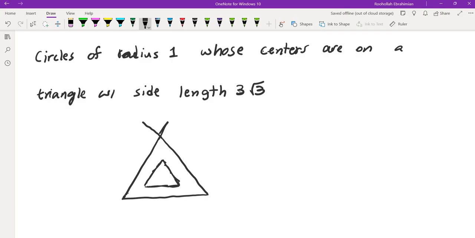At this point, you'll get a portion of a circle. At this point, you also get a portion of a circle. Here the same, and here, I guess I would have to look at a vertical line. So let me draw that a little bit better. This would be a more correct drawing here.